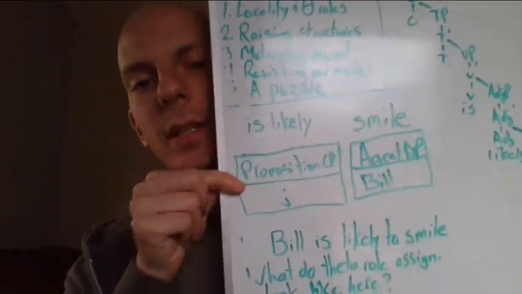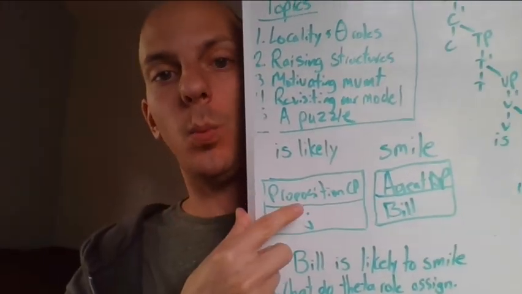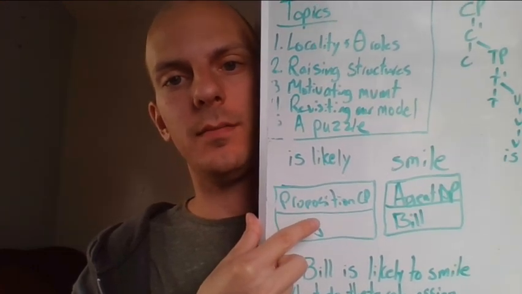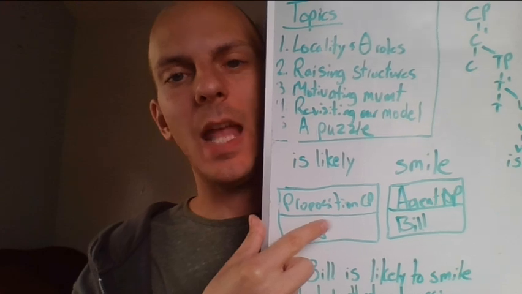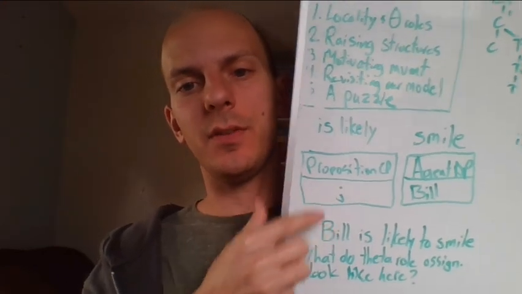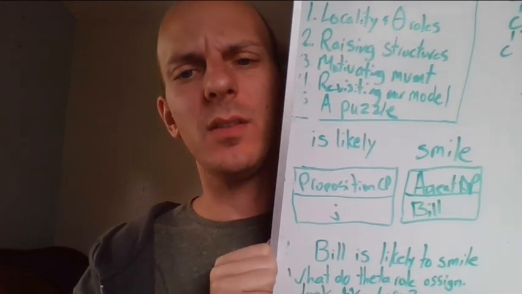So here, for is likely, we find that it assigns one theta role. It's a propositional CP. And we find this to be true with is likely in general, right? Here our propositional CP is something like Bill to smile.